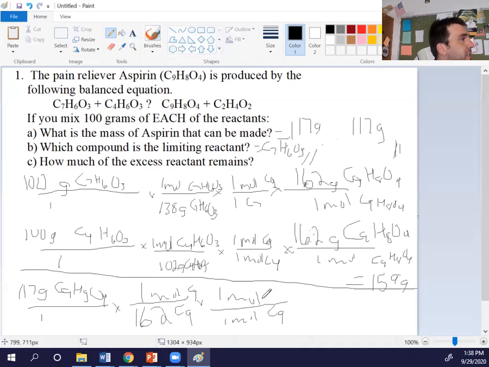And I'm going back to C4, so the top of this one, my unknown, is C4. What would we say the molar mass of C4 was? 102 over 1 mole. Put C4 on the top because I'm going back to my excess reactant, the one that's left over. So solve that answer.